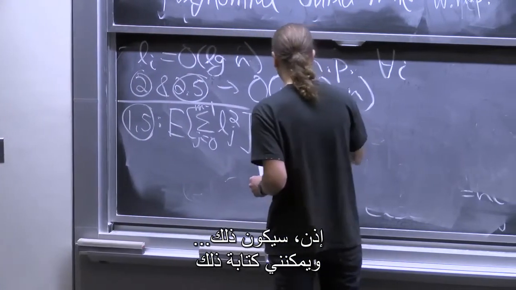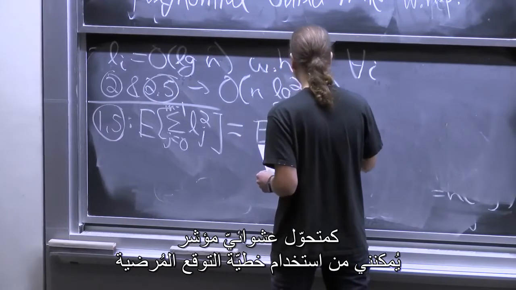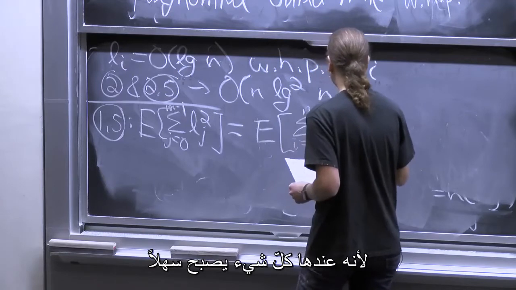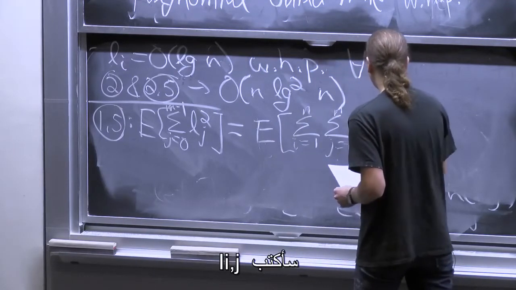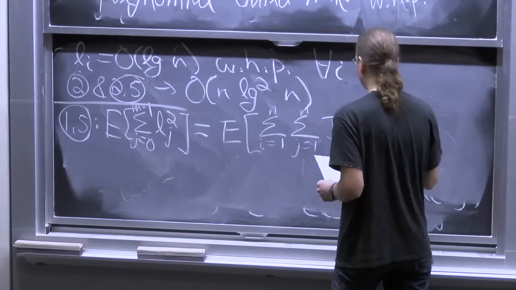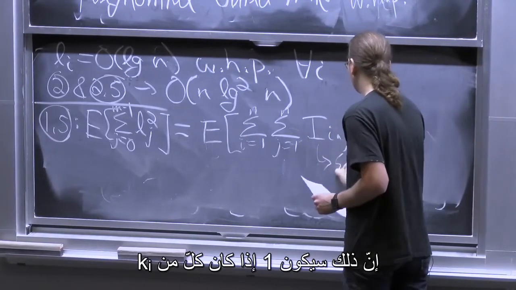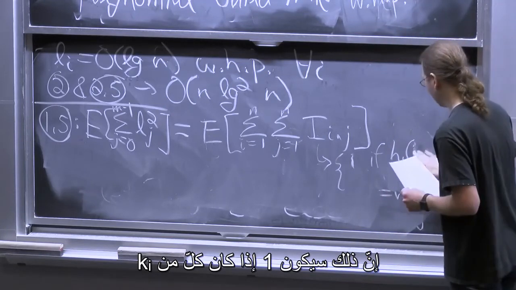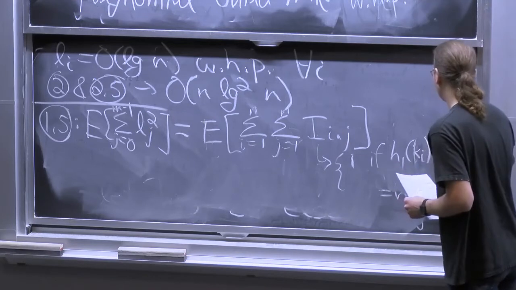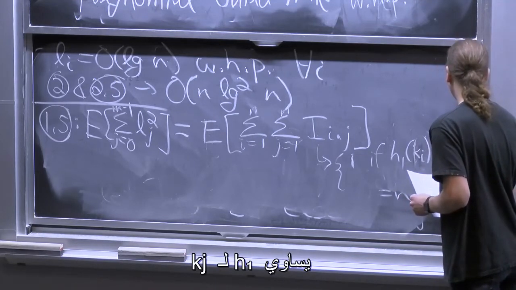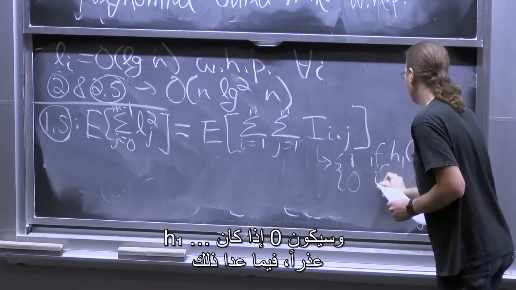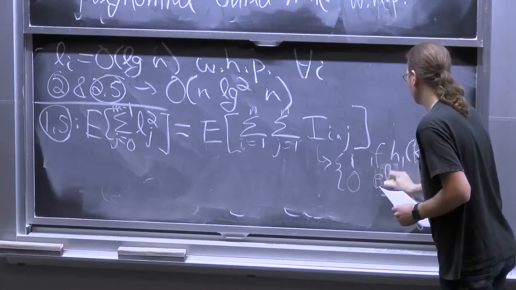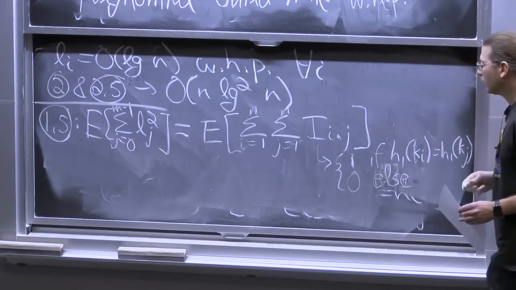So this I can write as an indicator random variable, which lets me use linearity of expectation, which makes me happy, because then everything's simple. So I'm going to write Ij. This is going to be 1 if h1 of ki equals h1 of kj, and 0 otherwise.